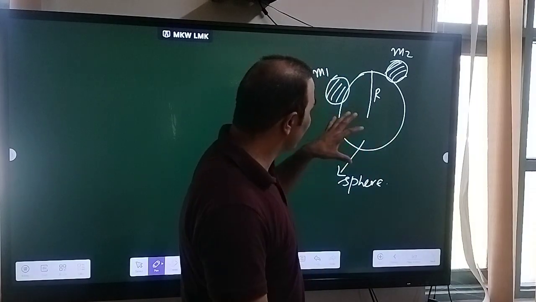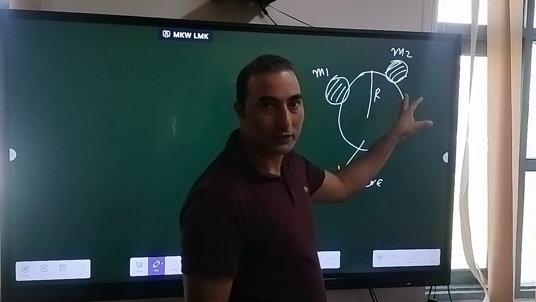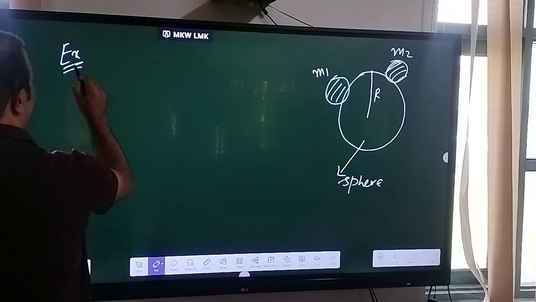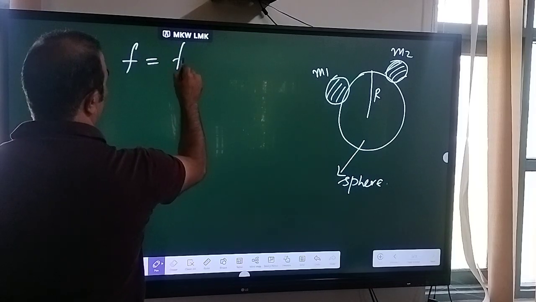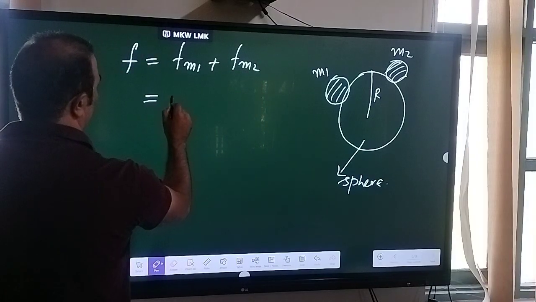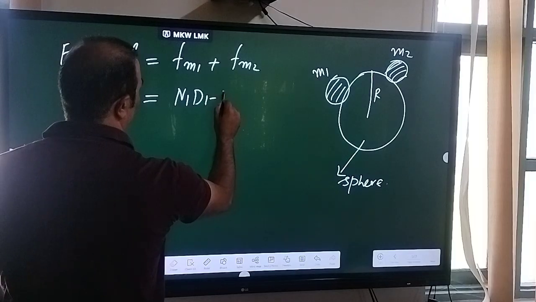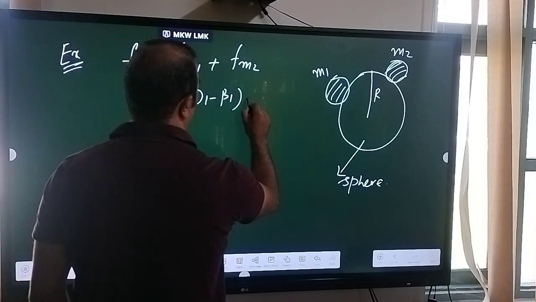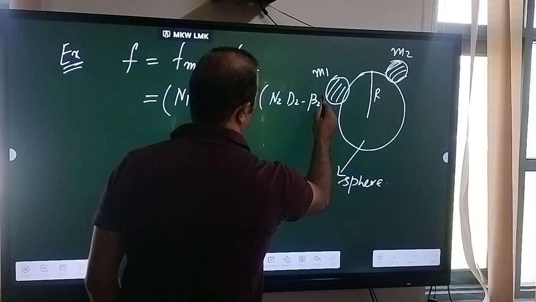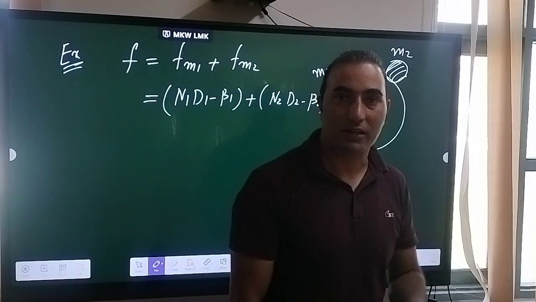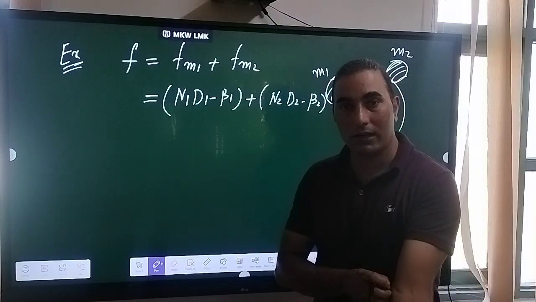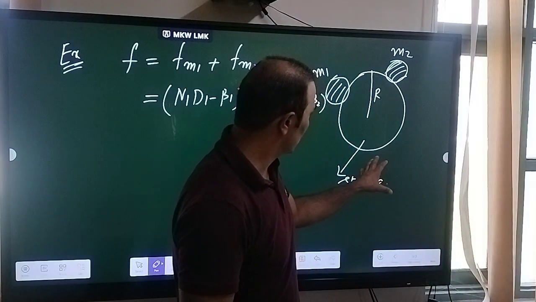So in this case, for the two systems, the total degrees of freedom will be equal to the sum of the degrees of freedom minus the constraints. Beta 1 represents the constraint involved in the body of mass m1 and beta 2 is the constraint for mass m2.